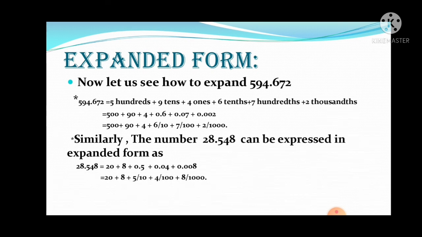Then the next step is 20 plus 8 plus 5 by 10, because there is only one digit after the point, so we write only 10 in the denominator. Plus 4 by 100 plus 8 by 1000.